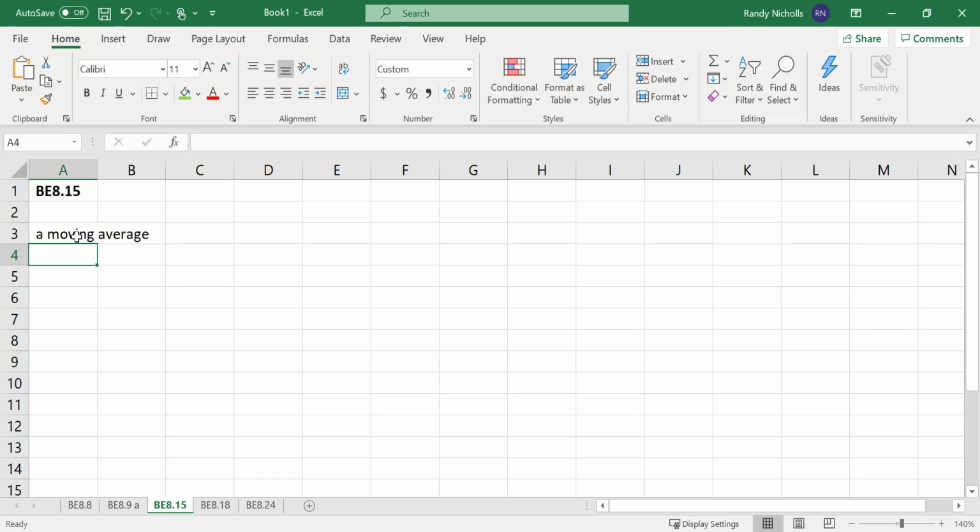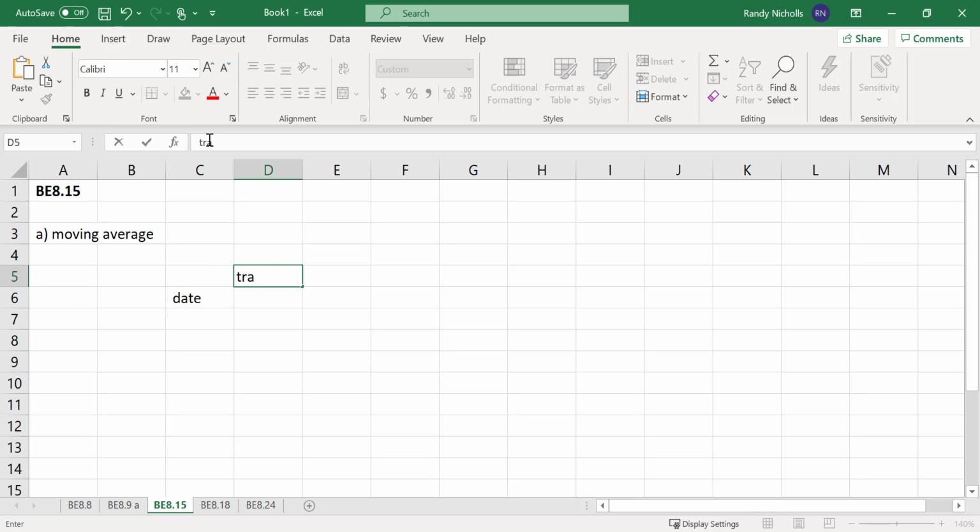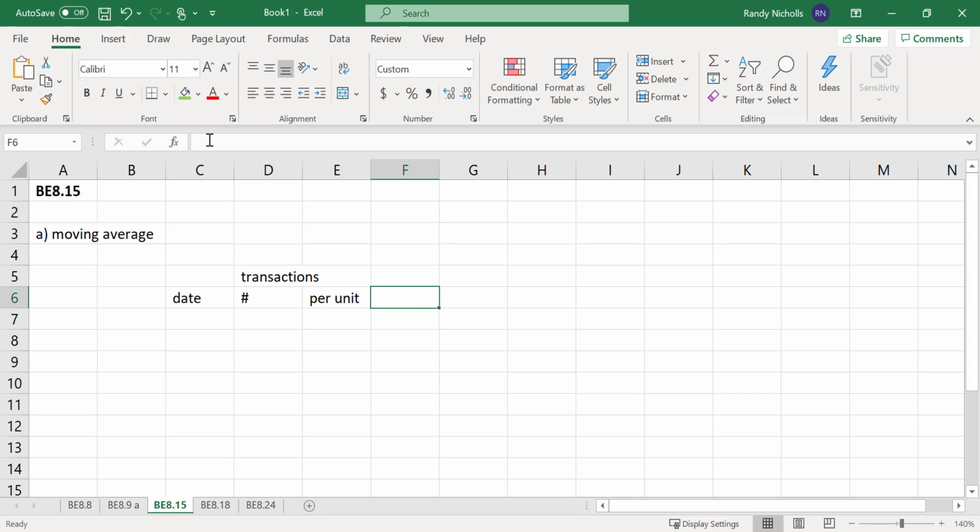And if you're doing moving average, I would always recommend that you do a table something like this. I've got some transactions where I have a number, I have a per unit, I'm sorry if I don't use exactly the same terminology, and total dollars.